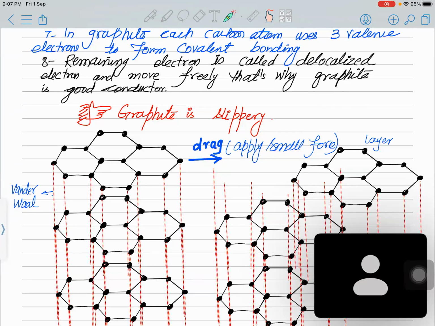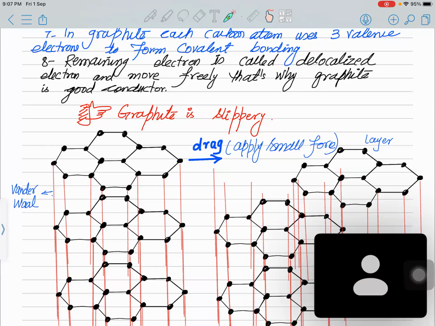Can you tell me which one has the higher melting point, diamond or graphite? Diamond. Can you tell me why? It's the hardest known material. Because diamond doesn't have layers and doesn't have weak intermolecular forces of attraction.